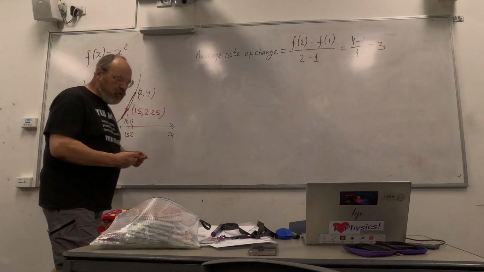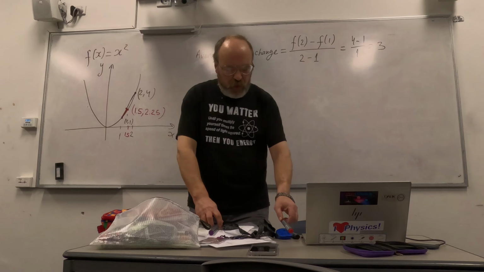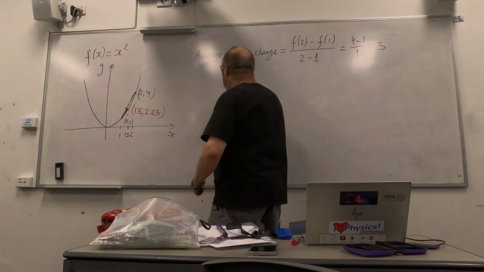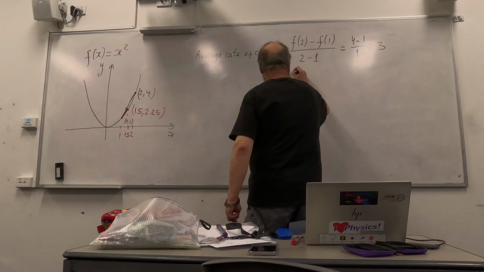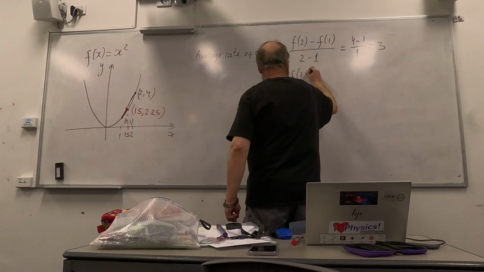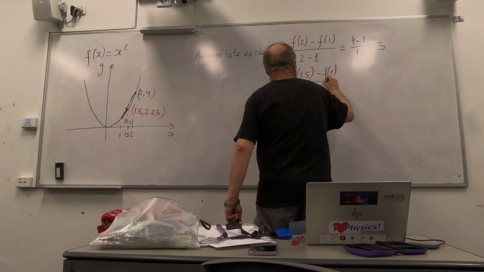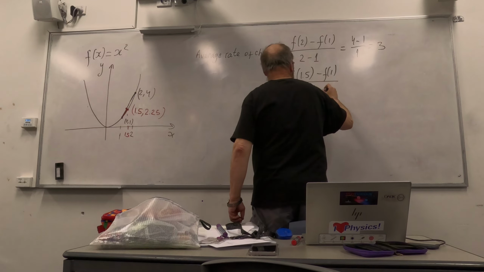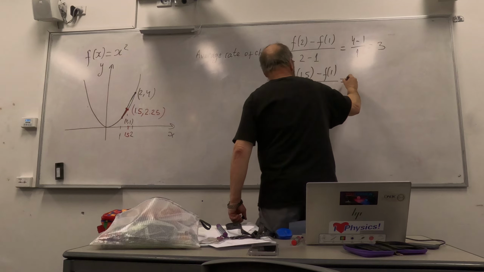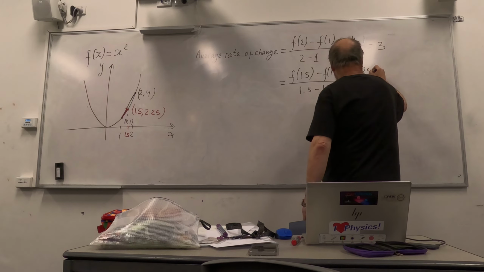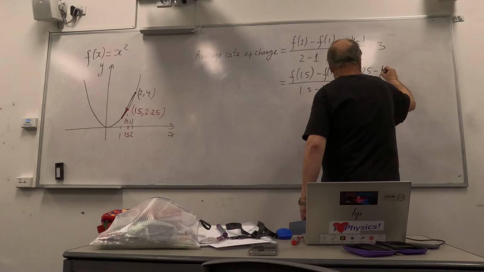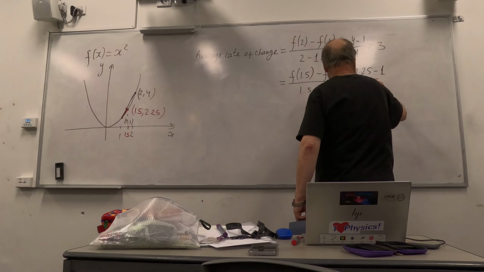And now the rate of change on the interval from 1 to 1.5 will be equal to f at 1.5 minus f of 1, over 1.5 minus 1, which is 2.25 minus 1 divided by 0.5.